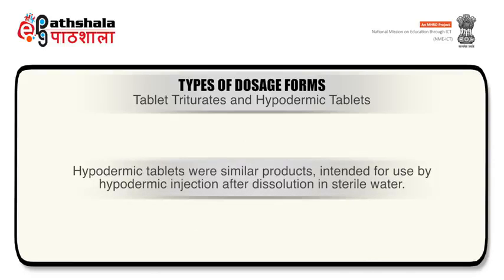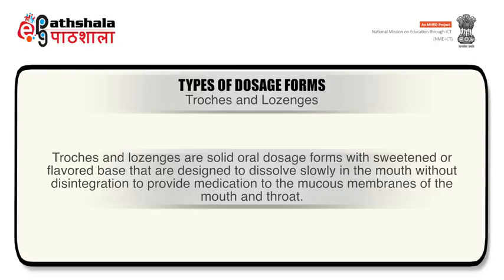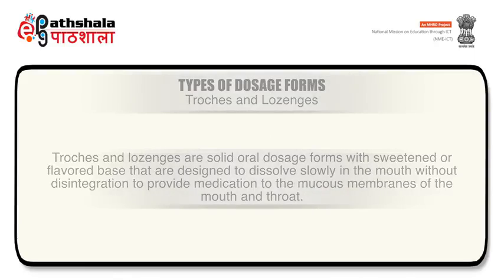Hypodermic tablets were similar products intended for hypodermic injection after dissolution in sterile water. Troches and lozenges. Troches and lozenges are solid dosage forms with a sweetened or flavored base that are designed to dissolve slowly in the mouth without disintegration to provide medication to the mucous membrane of the mouth and throat.